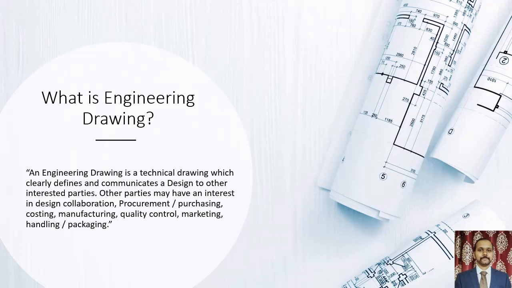That party may have interest in design collaboration with procurement, purchasing, costing, manufacturing, quality control, marketing, handling, packaging, anything. So it is basically the communication between the two people, who is going to design and who is going to produce. So we can say it is the communication between input and output.